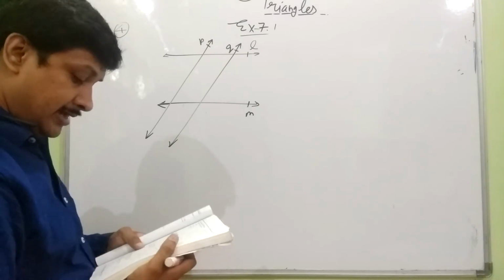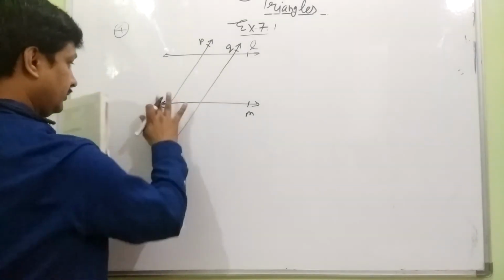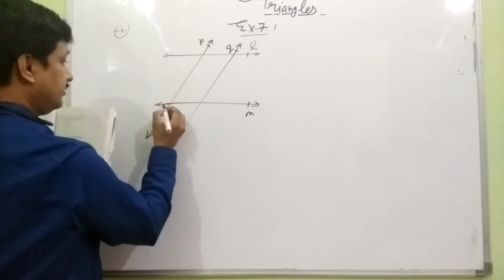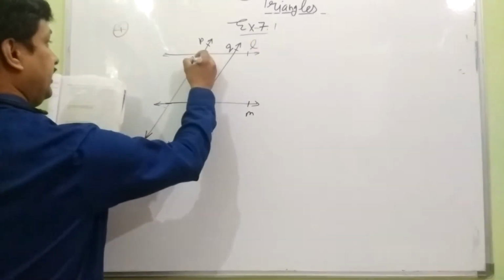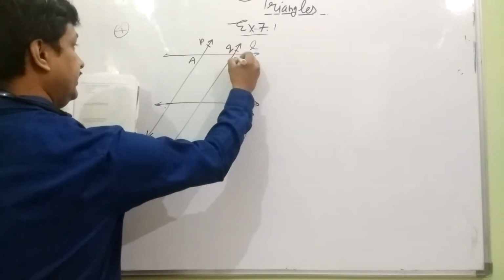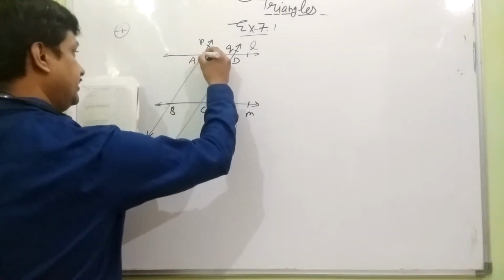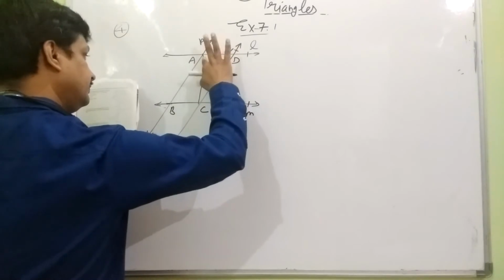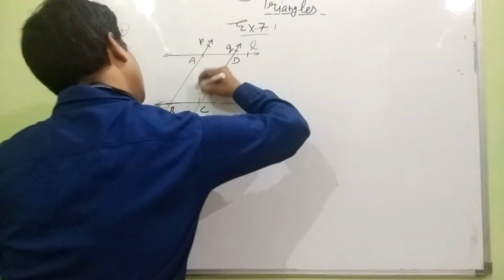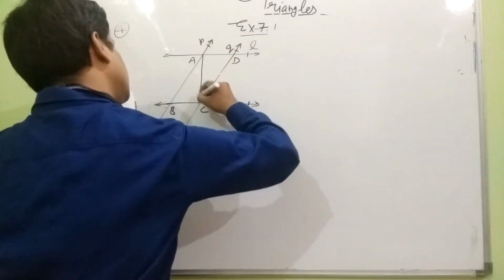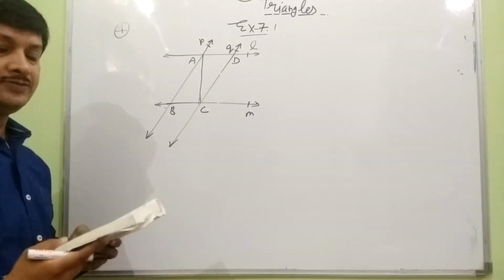And there are some points A, D, C, and B, and A is joined to C. Okay, so this is the figure.